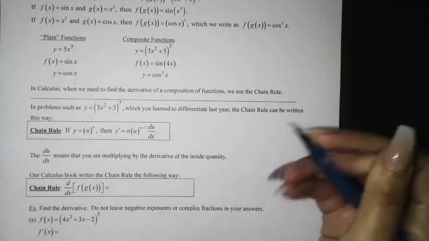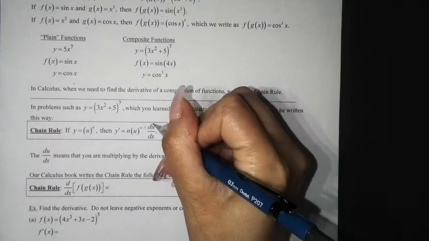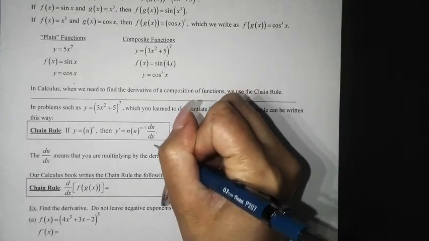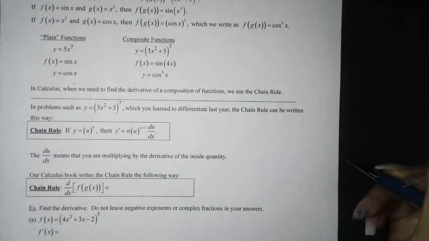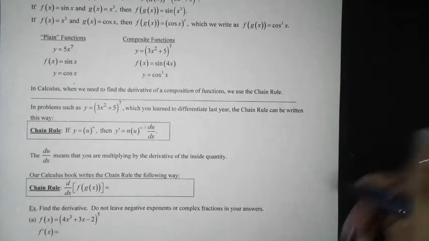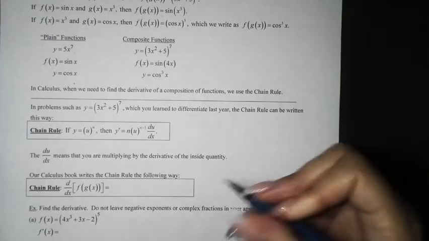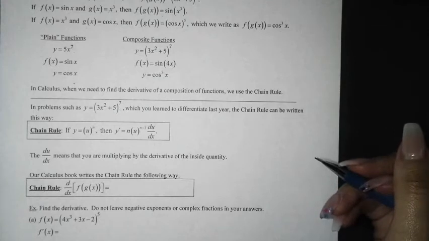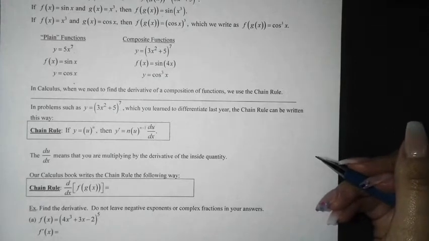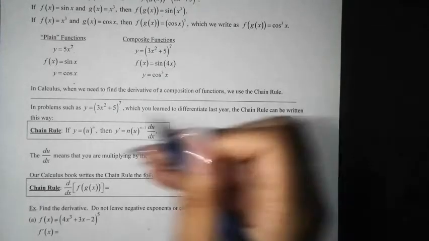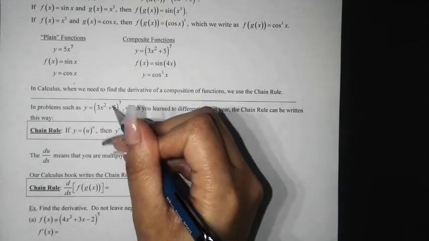So it's pretty similar to the power rule. The new part that you have is this du/dx. The du/dx means that you have basically another term multiplying by the derivative of the inside quantity. The inside of what? The inside of the big function.